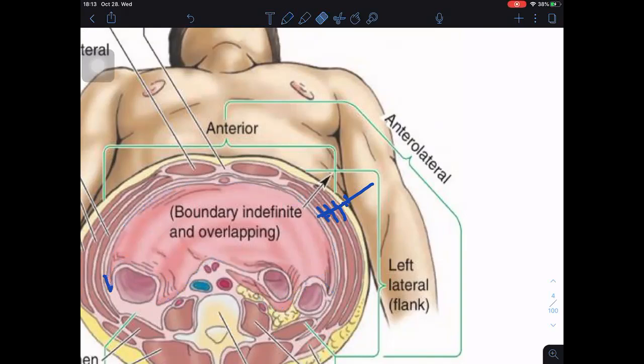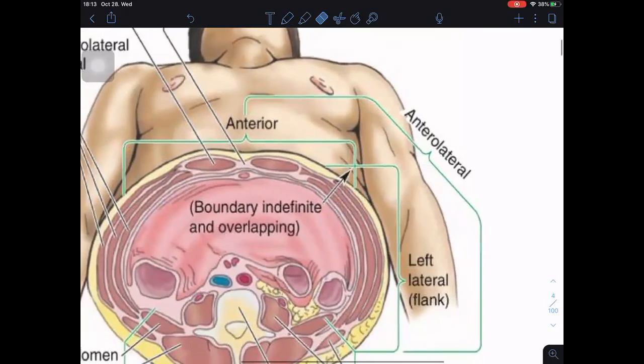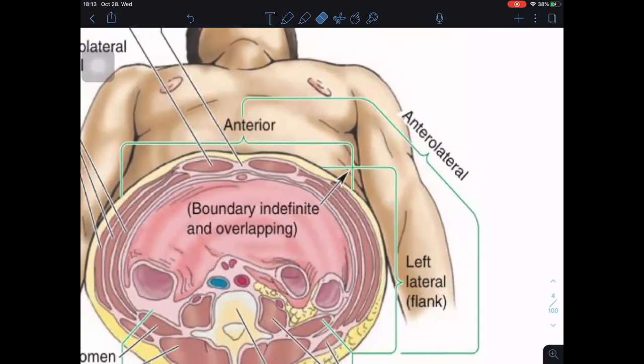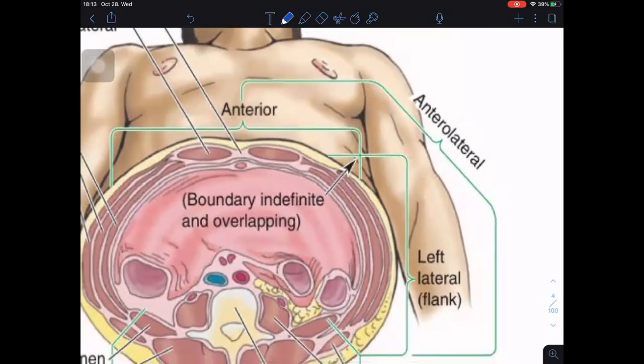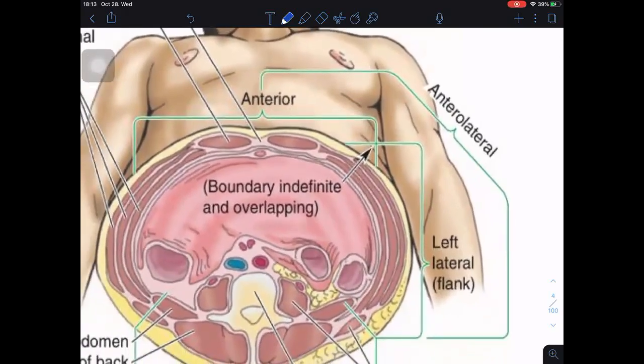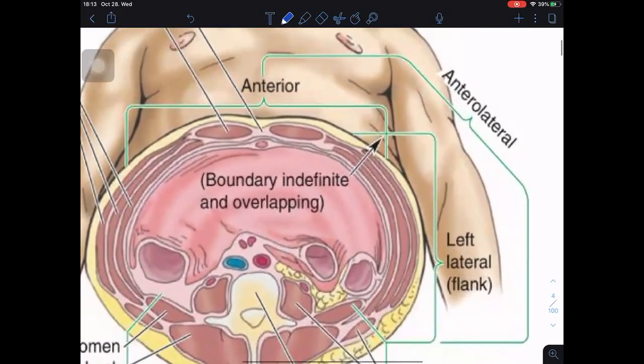The peritoneum is a bit more complicated in the abdomen because of the number of organs and structures in it, and especially the things that happen during development. So once you do the embryology of the peritoneal cavity, like in the exam period, that's the time you're going to learn it properly. So right now, I'm just going to give you some basics.